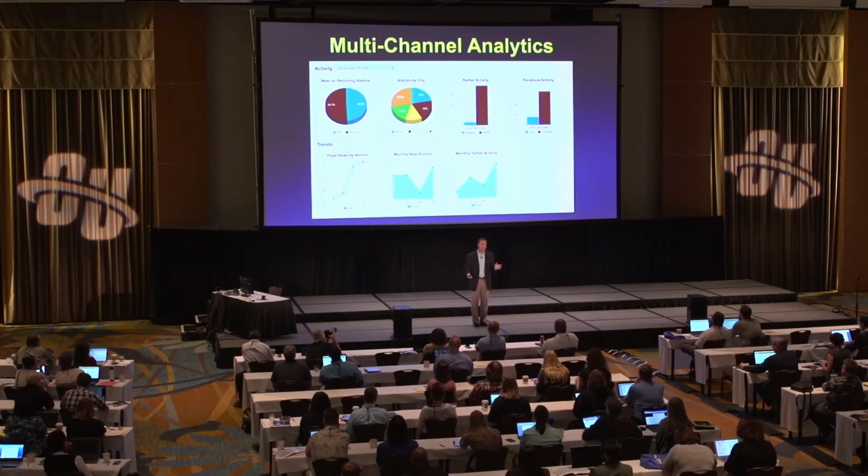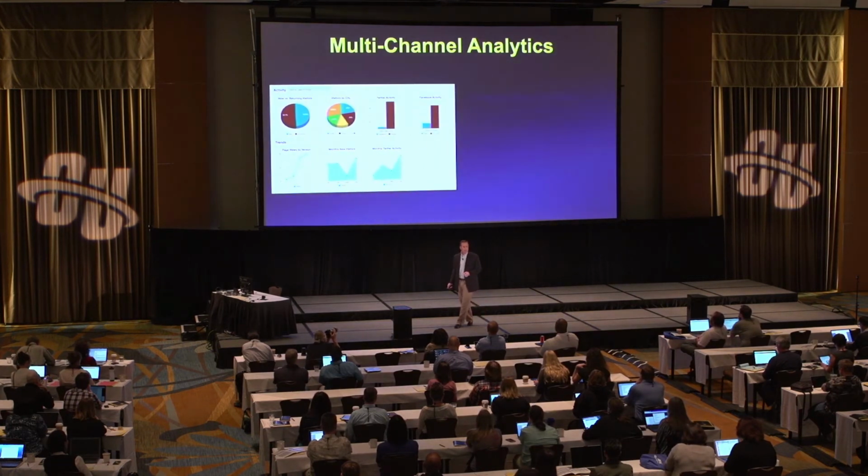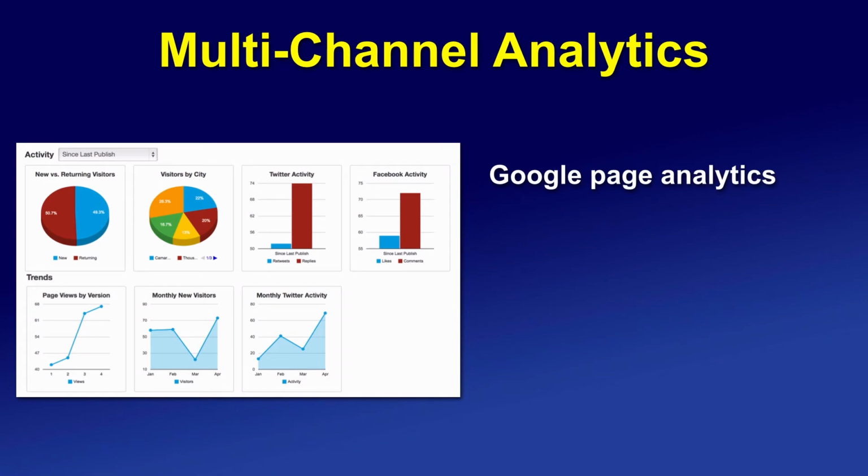Because the content management system is aware of what your users are doing, when they're making changes, what version is published, there's a lot of information that we can give you that you wouldn't get straight out of Google Analytics, for example. So you've got Google Page Analytics as just an easy one-off for anyone looking at a page that they're editing. We've got social media analytics from Twitter, Facebook, and others that we'll continue to add.